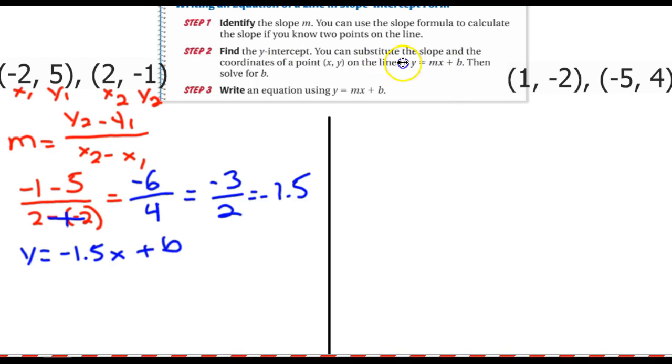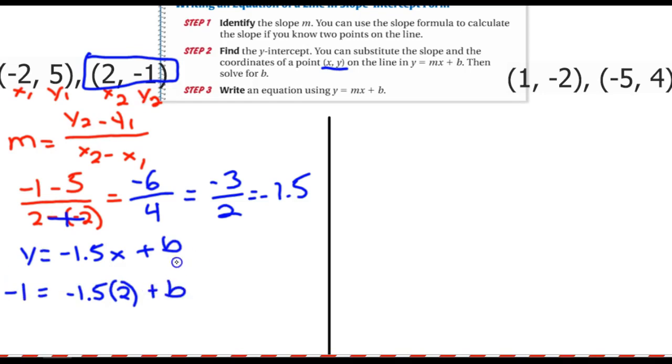It says we can substitute the slope and the coordinates of a point, so x or y, into our equation. So I'm going to pick 2, negative 1. I'm going to put 2 in for x, so negative 1.5 times 2 equals negative 1 for y plus b.